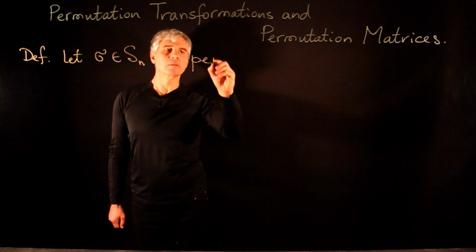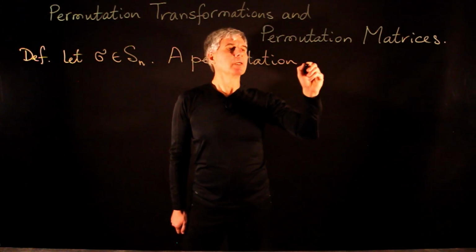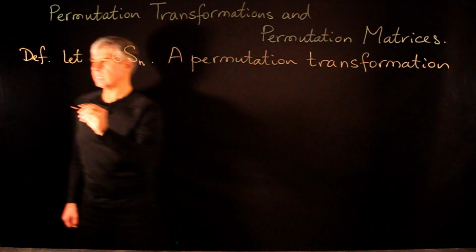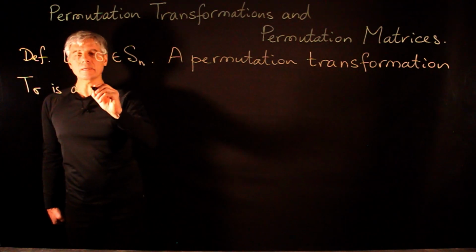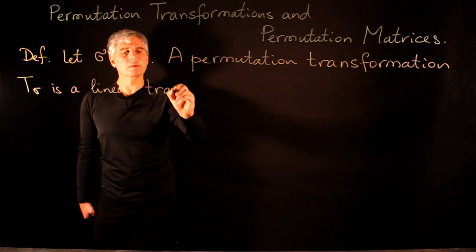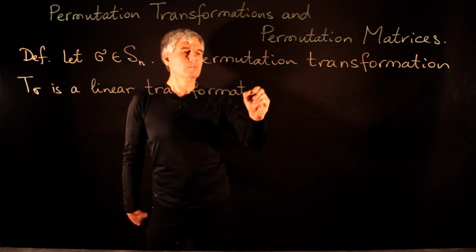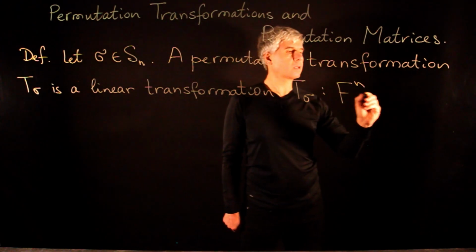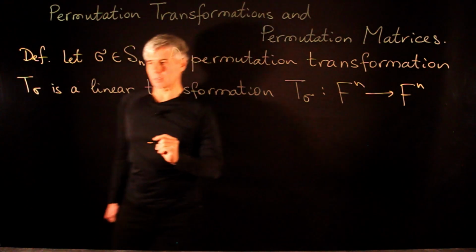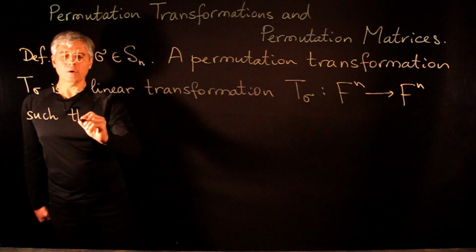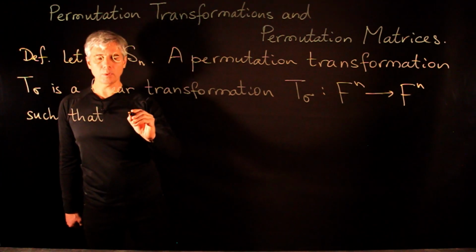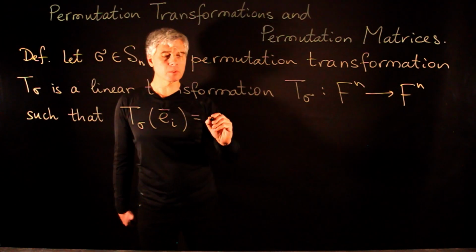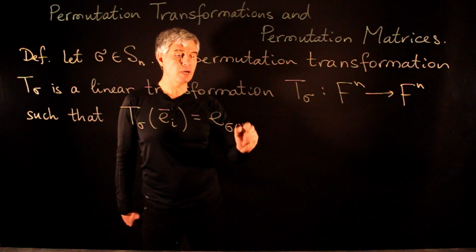A permutation transformation T sigma is a linear transformation that acts on n-dimensional space Fn and with values in the same space, such that on standard basis vectors, it's defined in the following way: T sigma acting on standard basis vector Ei is equal to the standard basis vector E sigma of i.